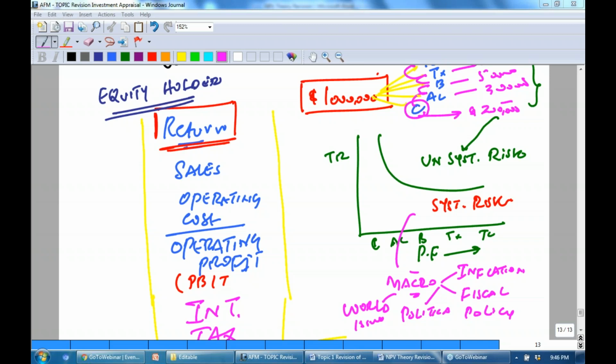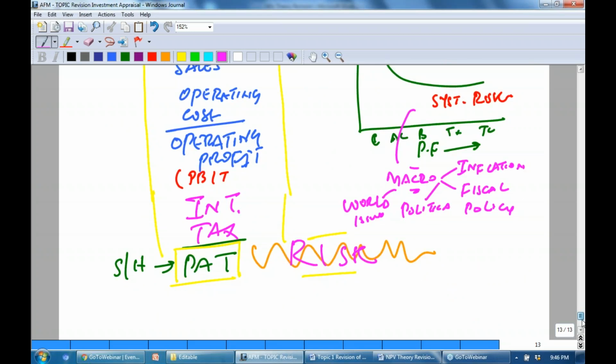That is the specific risk that can be avoided. Avoidable risk, specific risk, and unsystematic risk are interchangeable words. Whatever the remaining risk is, that's called systematic risk.